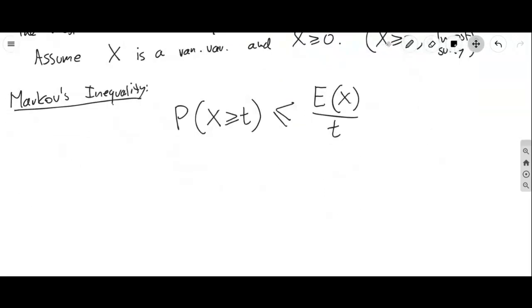Now, you have to understand that because this inequality is so general, it works for any non-negative random variable, it is not surprising that it might not be tight. And tight means that the right-hand side that you're using to estimate the left-hand side can be substantially bigger than the left-hand side.